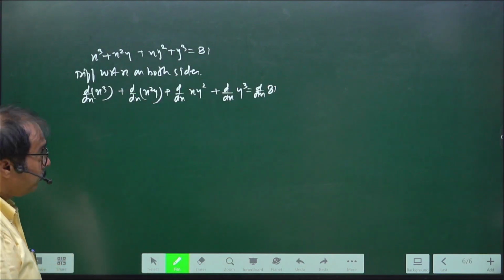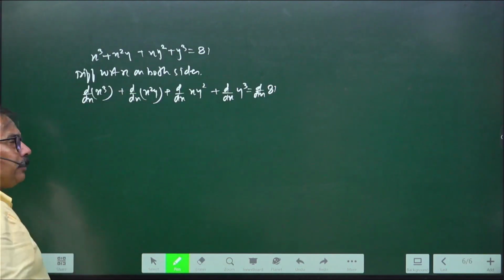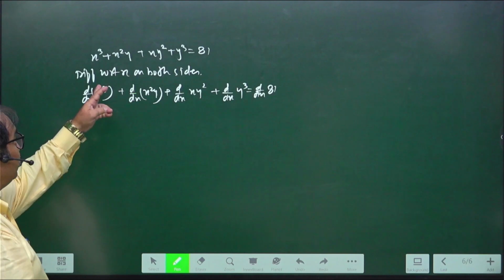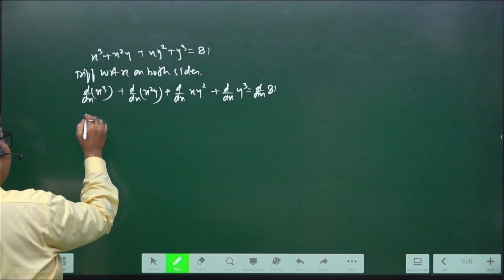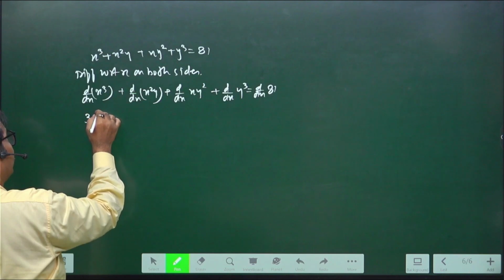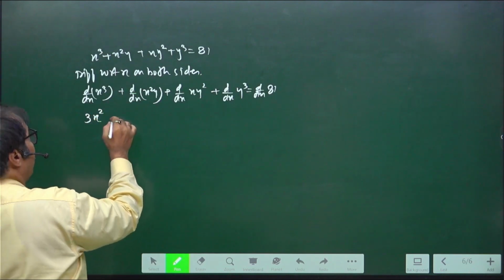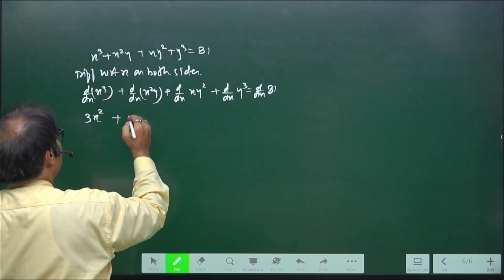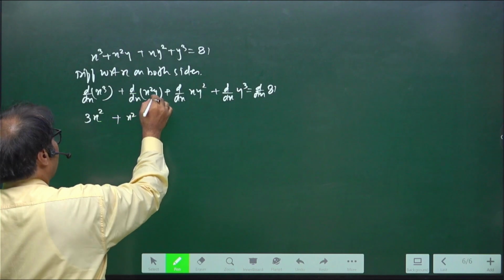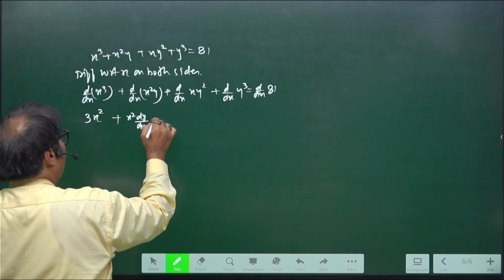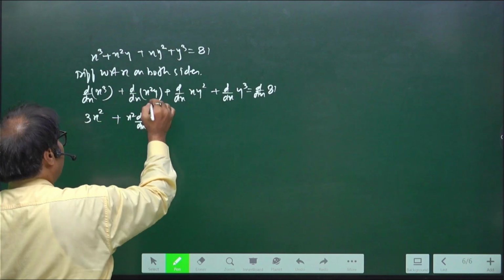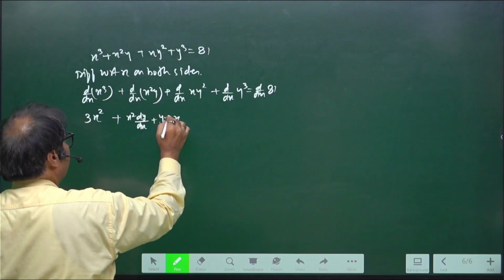Okay. So d by dx of x cube, x to the power n means n into x to the power n minus 1, so we can write 3x to the power 2. And here we will apply the product rule. So x square and y means dy by dx, plus y into derivative of x square means 2x, right?